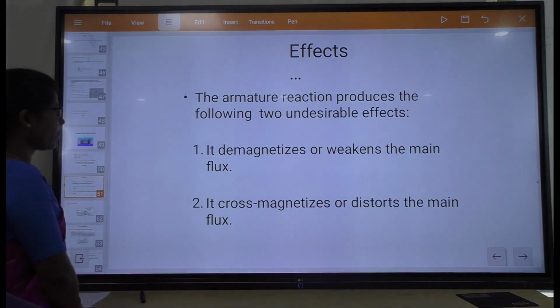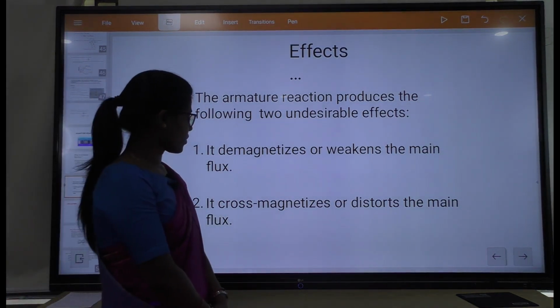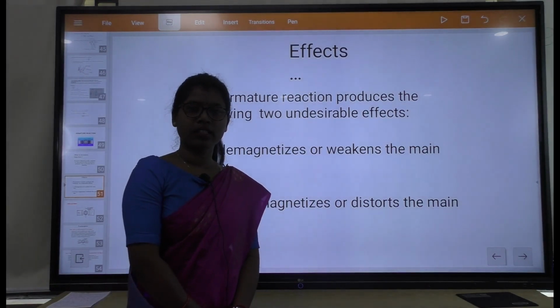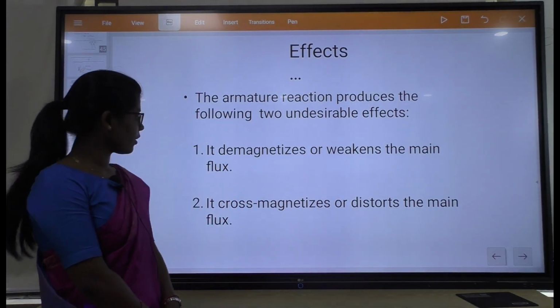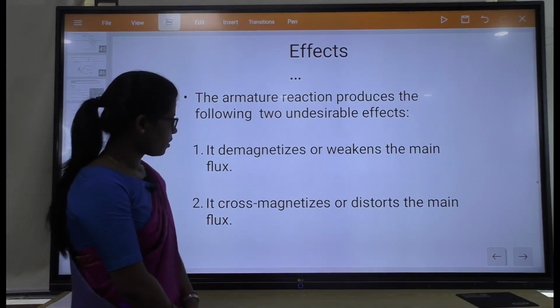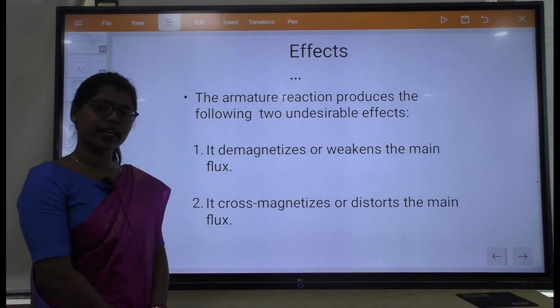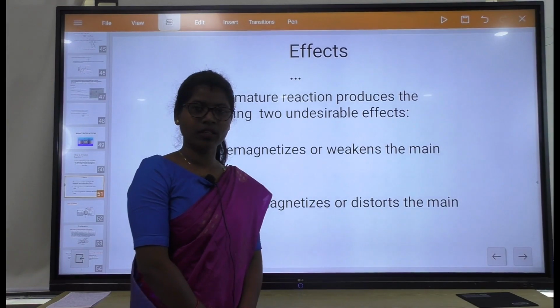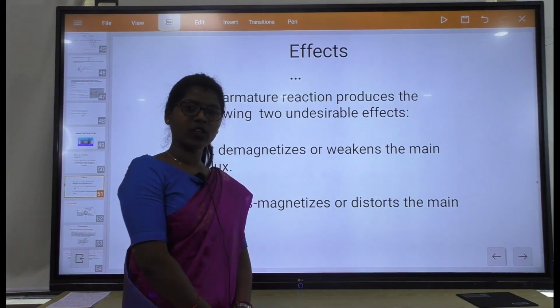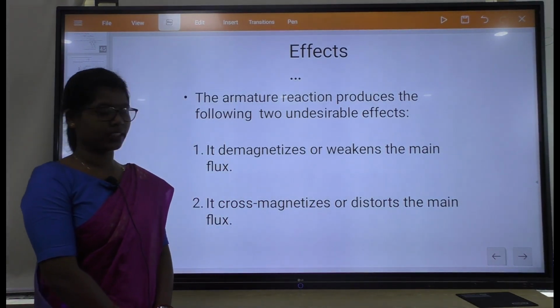So what will happen if the armature reaction cross magnetizes or distorts the main field flux? Then the total voltage produced in the generator will be reduced, or we can say that armature reaction reduces the voltage.